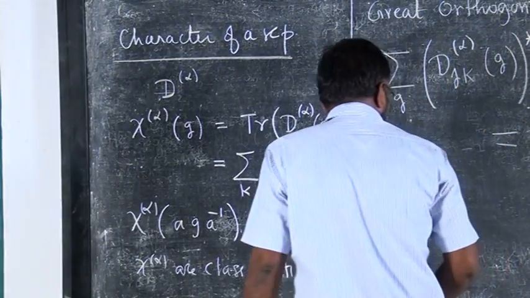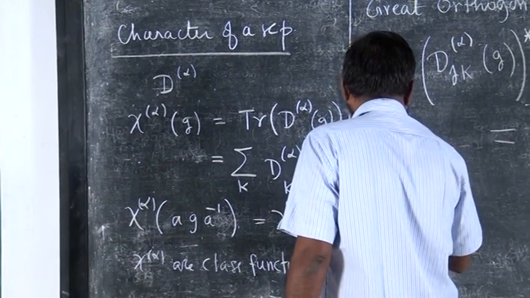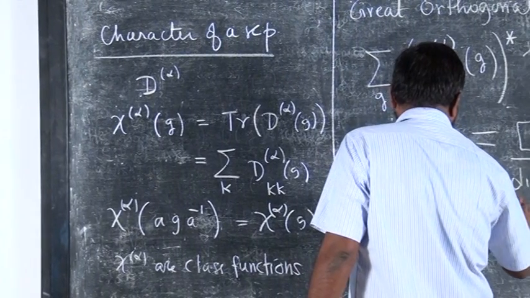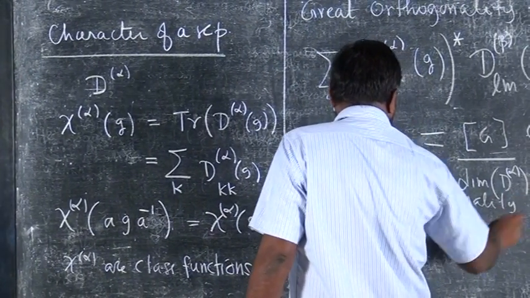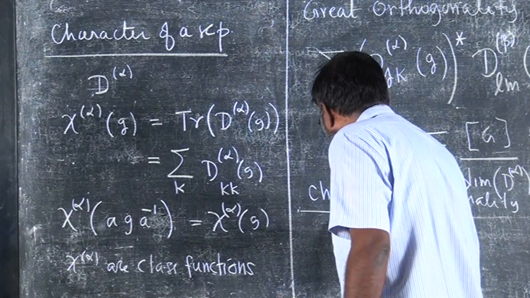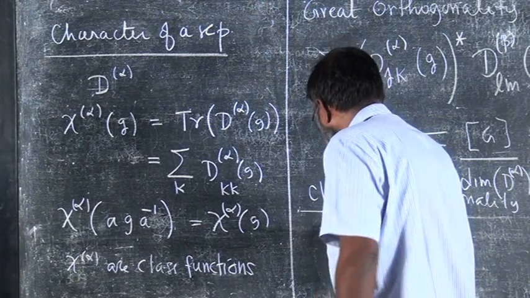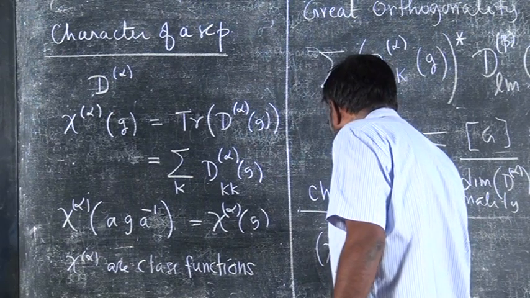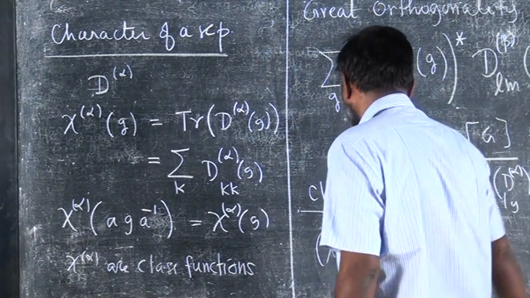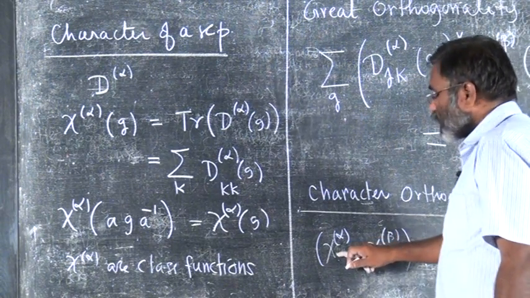Now, you can see that we can have what is called character orthogonality, which is given by sum over G, or if you write down the character vectors, chi alpha comma chi beta is equal to delta alpha beta, because there are no matrices, these are scalars.